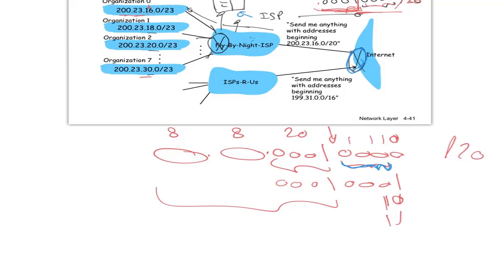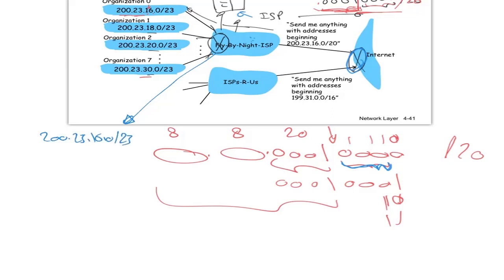No. Of course, if I move this from here to here, of course I cannot use it here, which means that this router needs to now be updated that this organization is not there anymore. Which means that in the routing entries on this router, I will have 200.23.16.0/23 in the routing table.